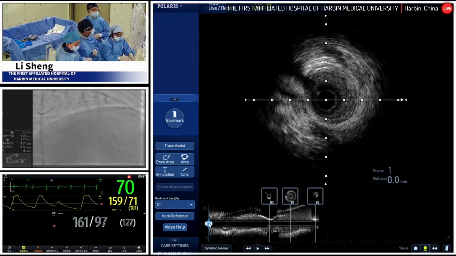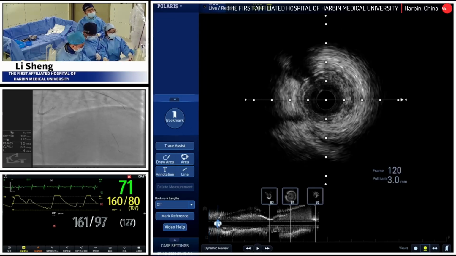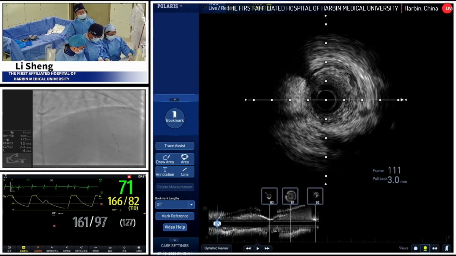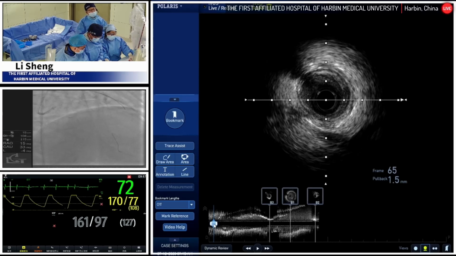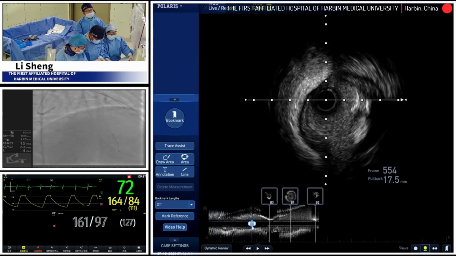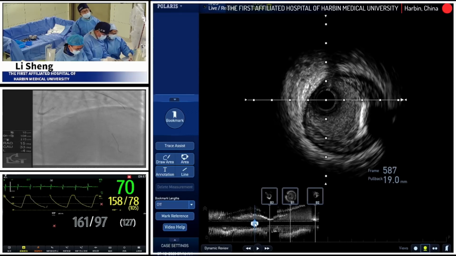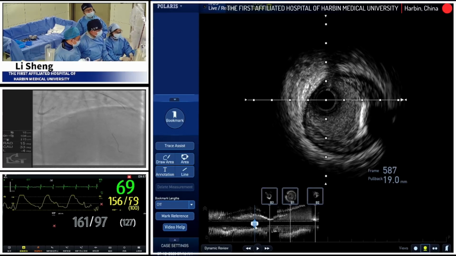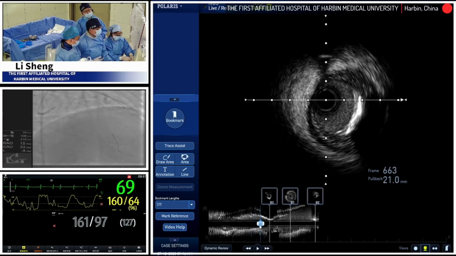Professor Sheng has sent the imaging catheter this far, and we can see that in the mid LAD there's a heavy plaque burden, and in the proximal LAD there's calcified plaque at 3 o'clock.